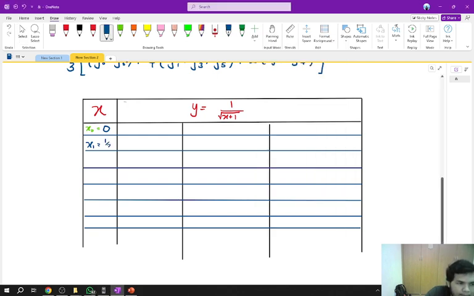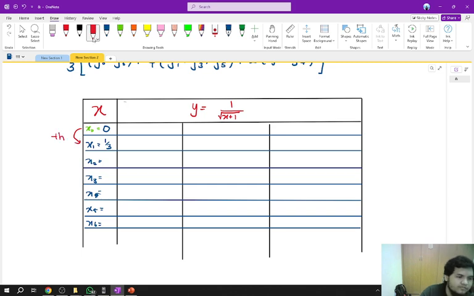Okay, and x2 we need to find until x6: x2, x3, x4, x5 and x6. For each one, just add h.